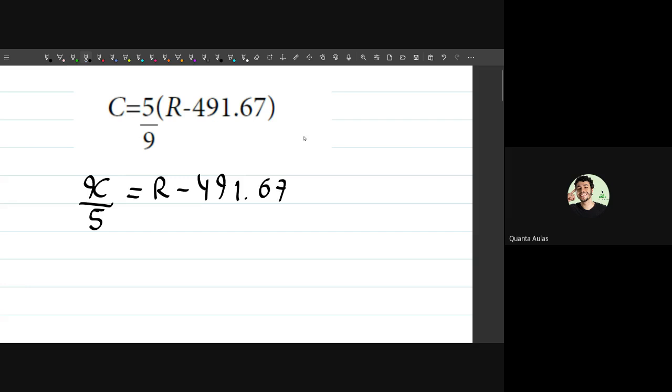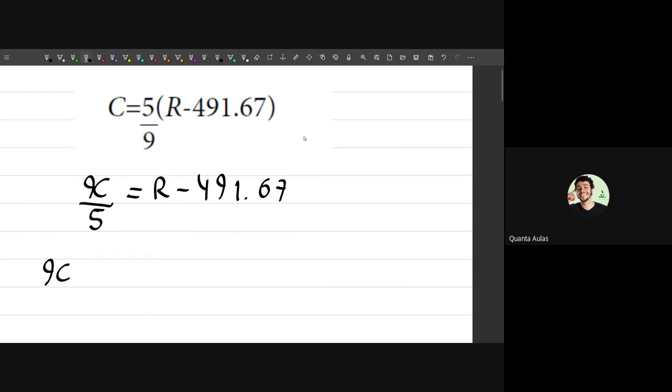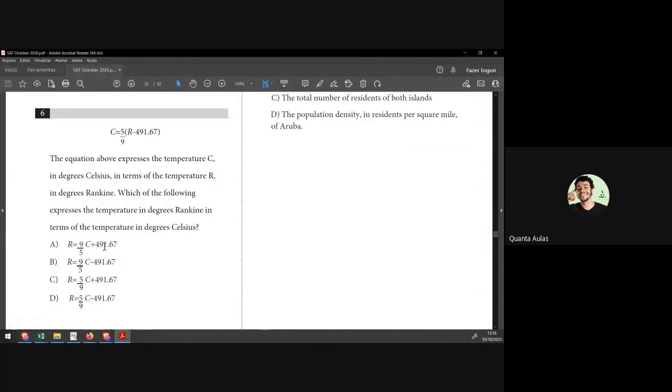So we have this. You are wrong, because letter C has the same structure, 5 up and 9 down. So it's wrong. We have changed the sides, and now we have put this number to the other side. So we have this answer. This answer is not the letter C, it is the letter A.